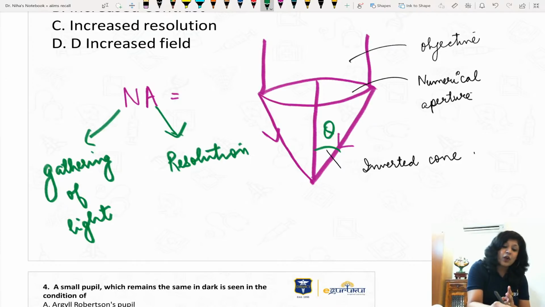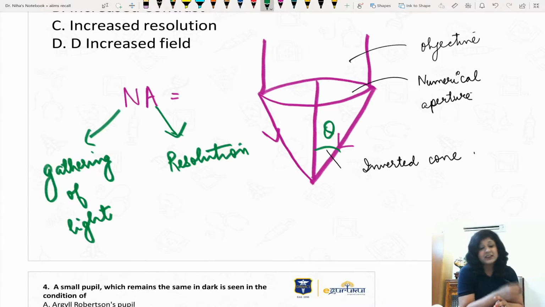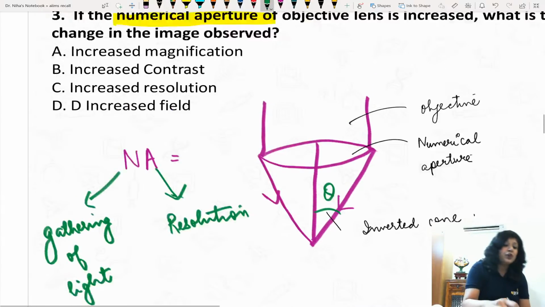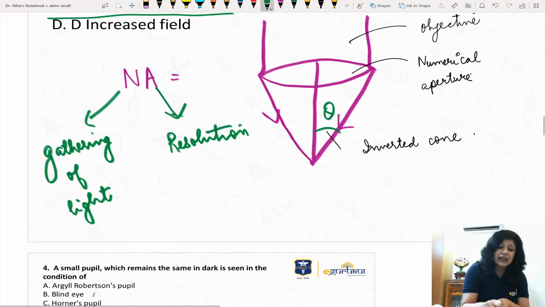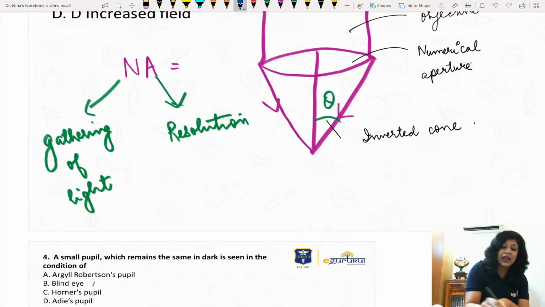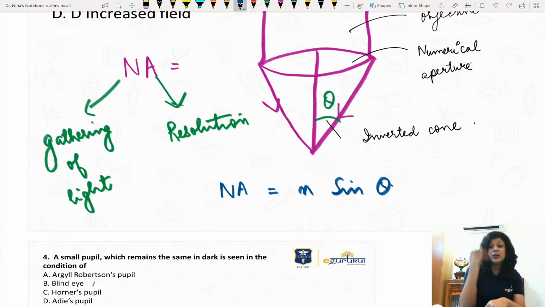They have not given anything about the light, so your answer will be better resolution or increased resolution. Another important thing is that numerical aperture is n sine theta. N sine theta. So you should know this.